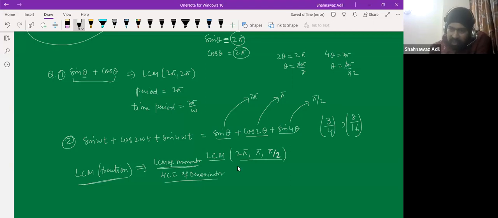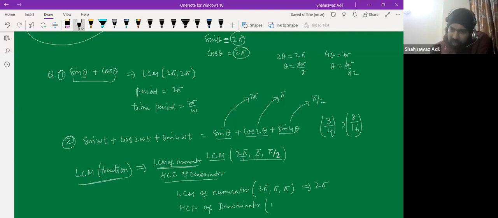So can you tell me what would be the LCM of numerator, which is the LCM of 2 pi, pi, and pi? That would be 2 pi, right? HCF of denominator, that would be how much?